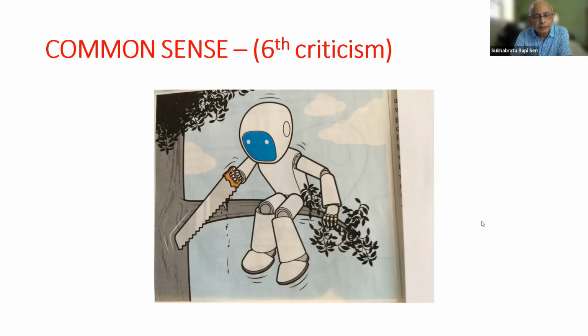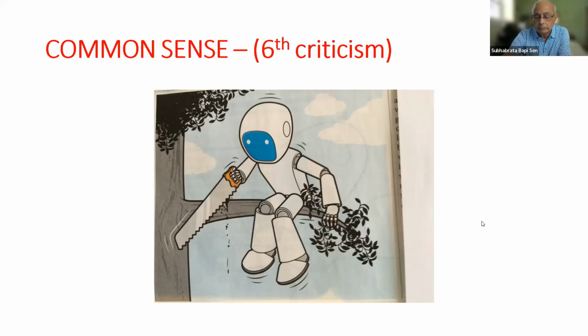And you can see that the person who has no common sense will be cutting the tree while she's sitting on it. And this kind of lack of common sense is the sixth criticism of AI.